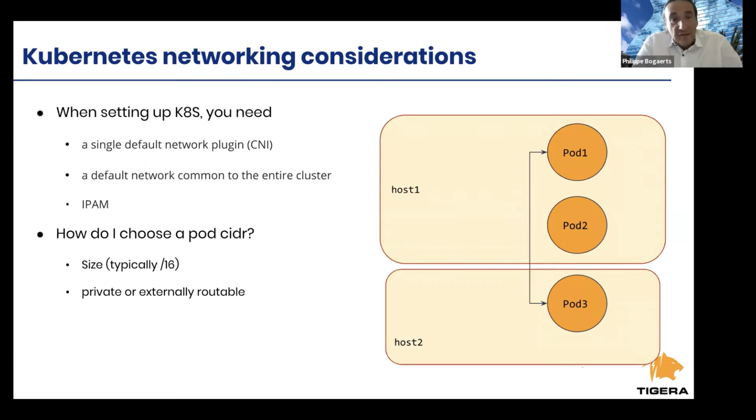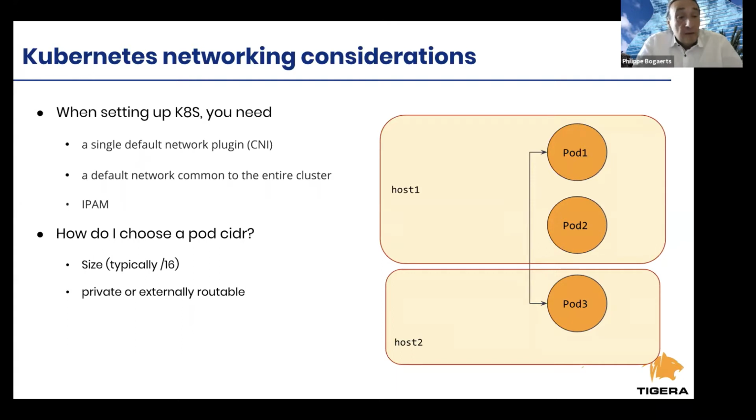It's easier said than done, because on one side, when we provide networking, we need to make sure that there is connectivity, routing, overlaying, and so on and so forth. But on the other side, we also have to take care of the IP address assignment, so the IPAM part. When you choose to use Calico, everything will be handled by Calico, although you can split up some of the responsibilities. Now, as I mentioned, we need to set up a default network.